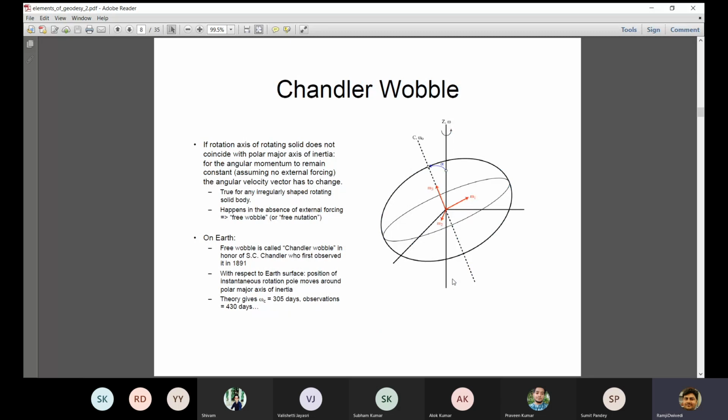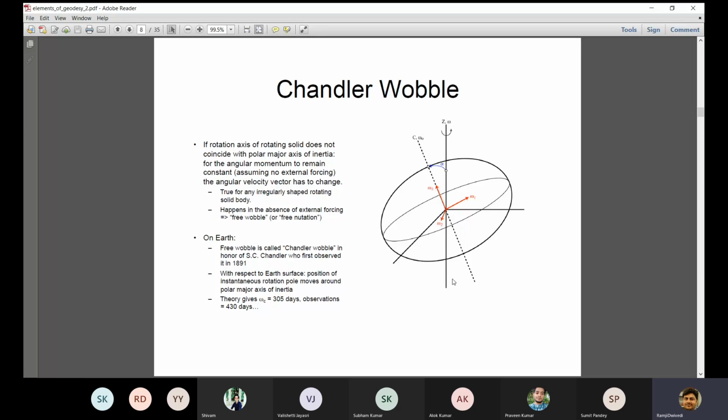This is the Chandler wobble. If the rotation axis of a rotating solid does not coincide with the polar major axis of inertia, then for the angular momentum to remain constant, assuming no external forces acting over it, the angular velocity vector has to change.